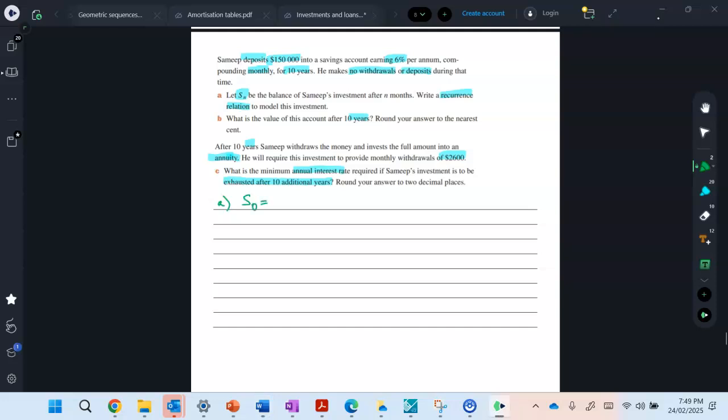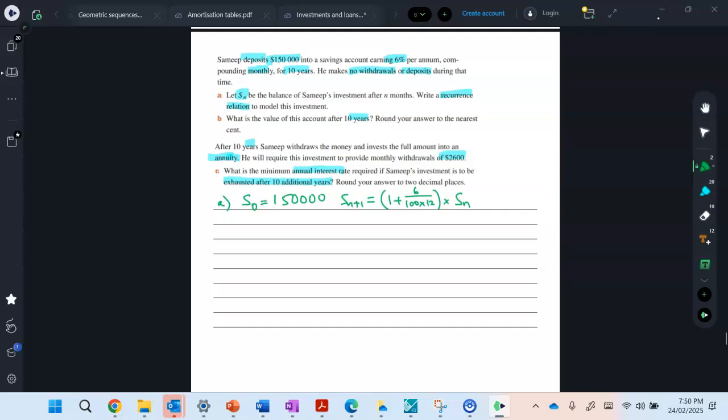So we start off with our initial value, which is 150,000. All right, and then we've got S(N+1) is equal to R. So I'm just going to write what R is. 1 plus our annual interest rate, which is 6 over 100, divided by the number of compounding periods a year. And I did read monthly, so there it is, times SN, the previous value. Now we're not making any withdrawals or deposits, so we can just leave it like that.